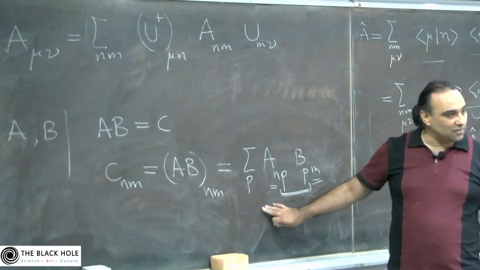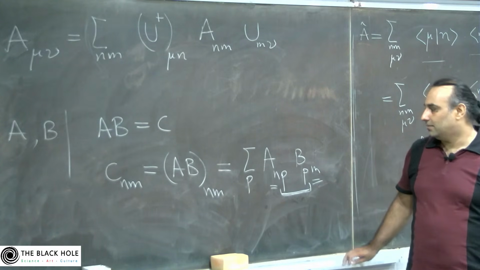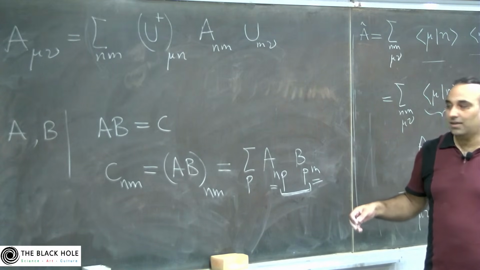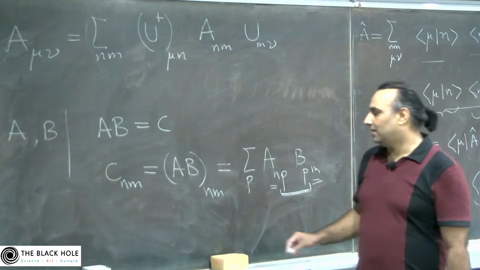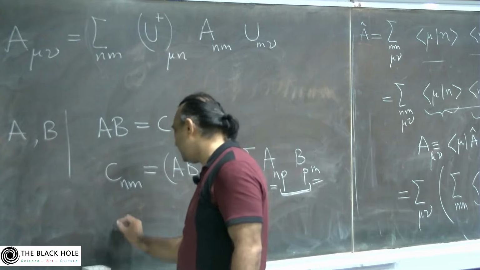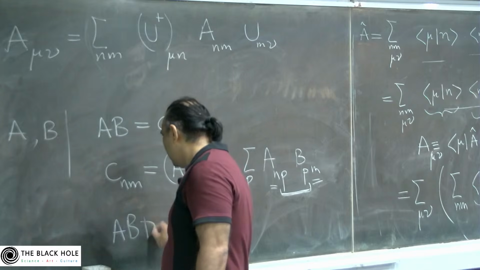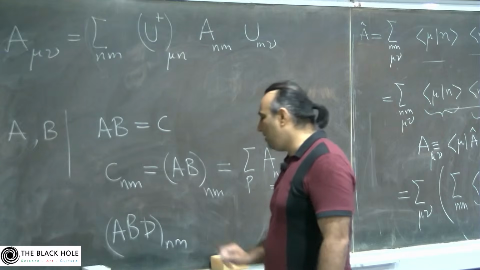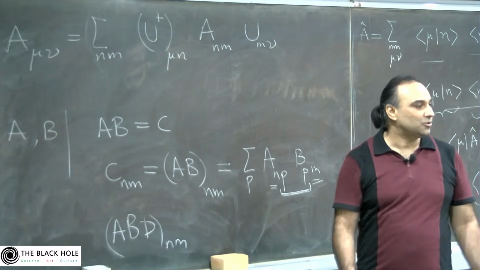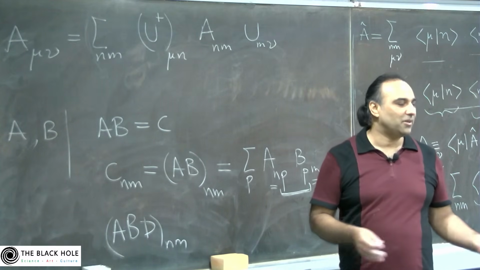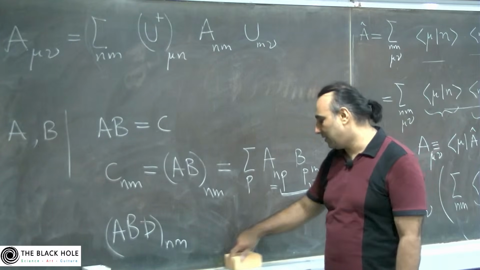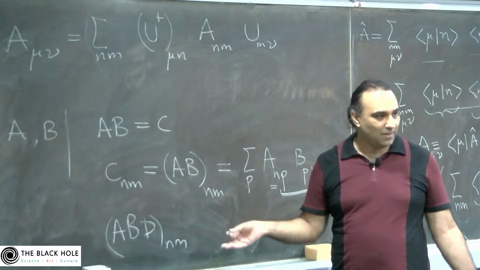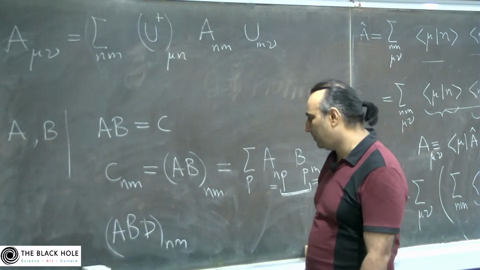Now we can generalize this for 3 matrices, 4 matrices, etc. If there are 3 matrices, suppose there is a D matrix, then the nm-th element of ABD, supposing their dimensions are consistent, number of rows and number of columns, so that we can multiply them. In this case our operators are always square matrices, so that's no problem anyway.